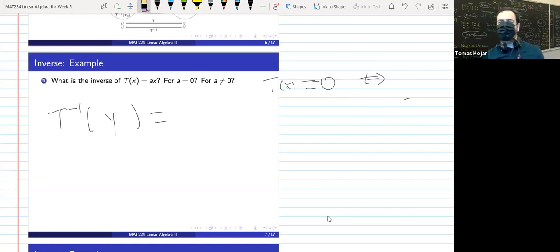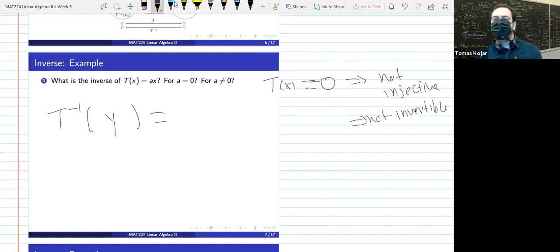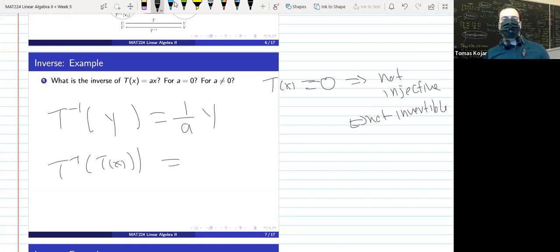So if it's identically 0, then you're not injective, so then you're not invertible. But here you just take 1 over a of y. So then T inverse of T of x is equal to 1 over a times ax, which gives you x. Questions? Will said, it's not injective.